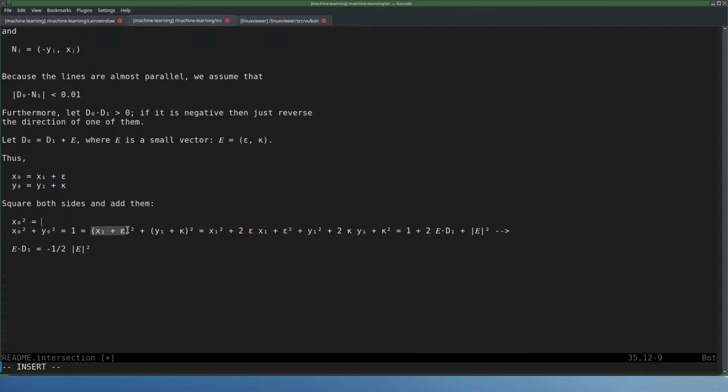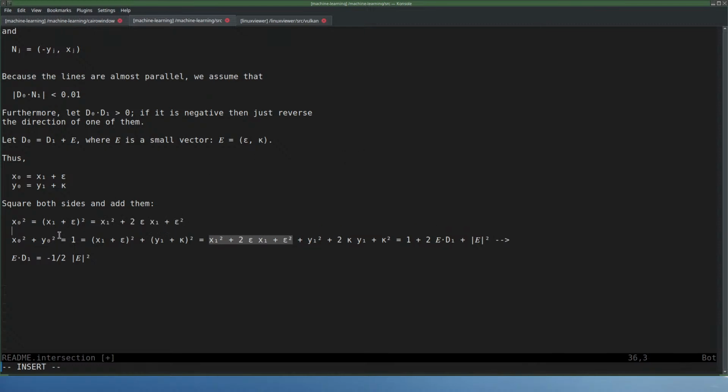So we can do that. That's just squaring both sides, and then we can work this out, which is then that. And then also we get the y squared. Square both sides.